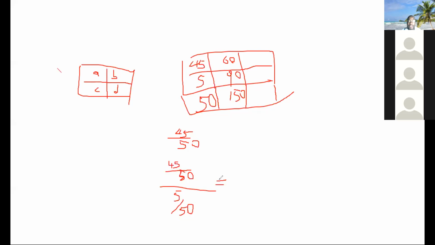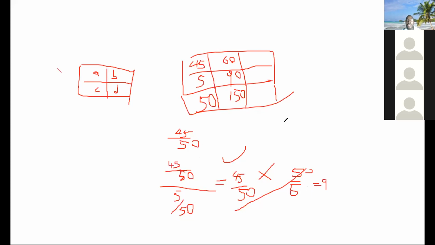This 50 will cancel the other, and it will be 45 over 5. It's the same thing, you just say 45 over 5, because that 50 will cancel out.